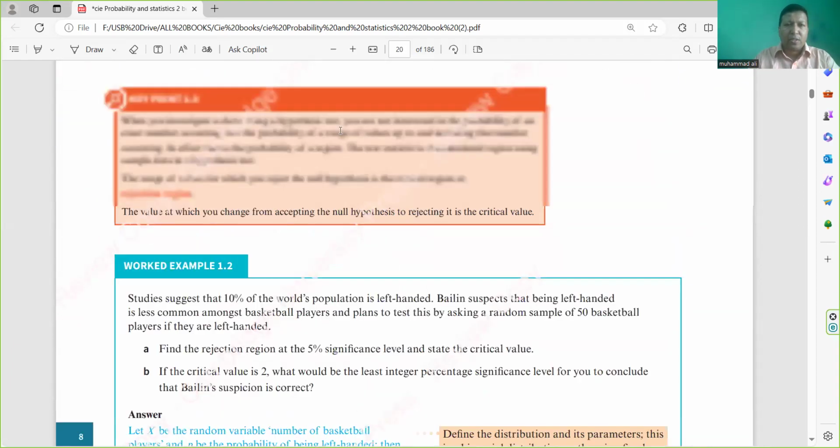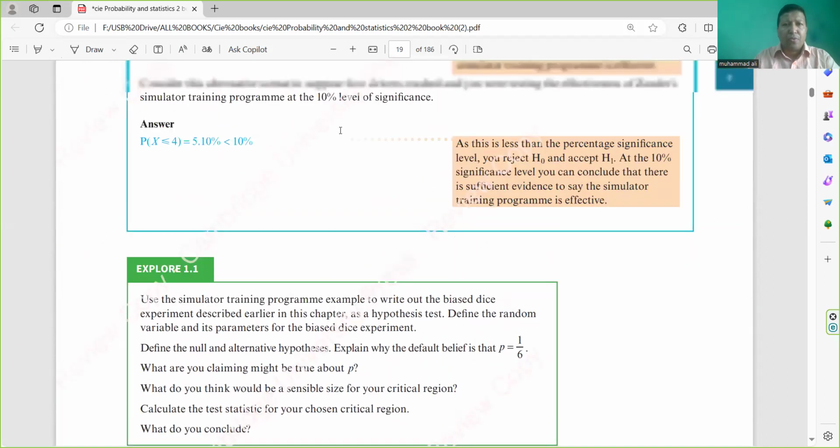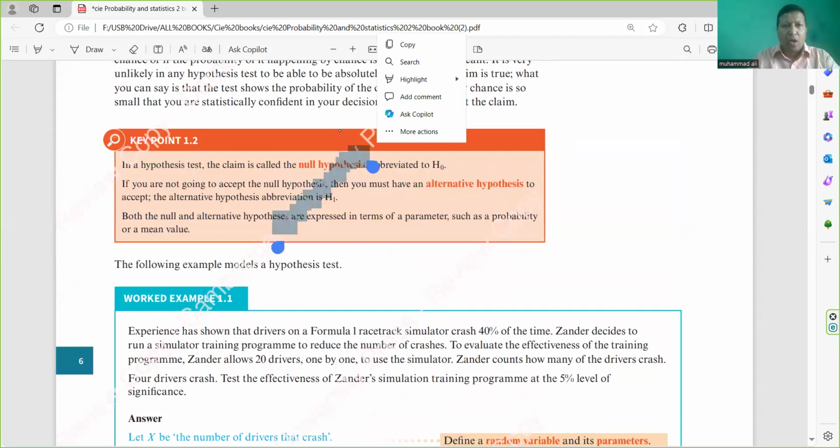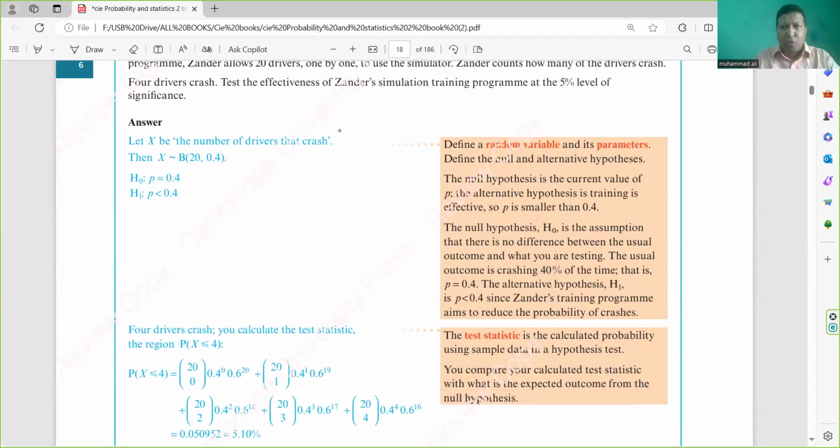Now, in this maths, which one will count as the null hypothesis and which as the alternative hypothesis? One thing you have to remember: the null hypothesis is the current value of probability P, and the alternative hypothesis is the claim being tested, like whether the training is effective. So for the null hypothesis, always think of the current value of P, that means the current percentage.